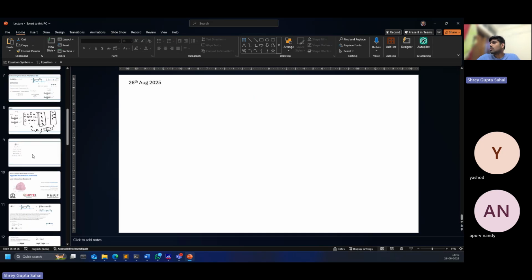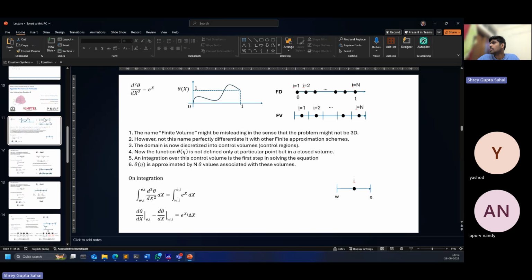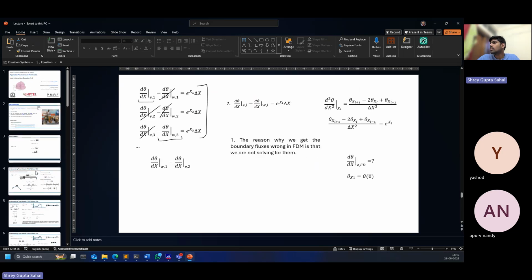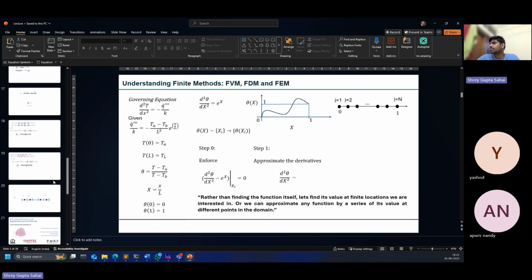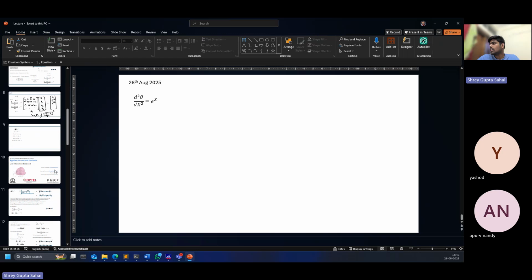But now we go into the finite element part of it, and I had documented it properly. Let me start from here. This is the thing we were trying to solve for, and now we'll look into the finite element methodology.